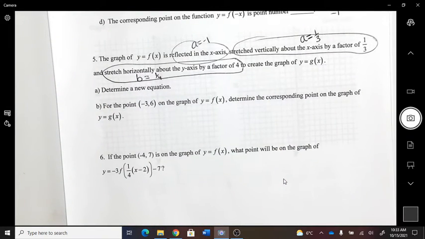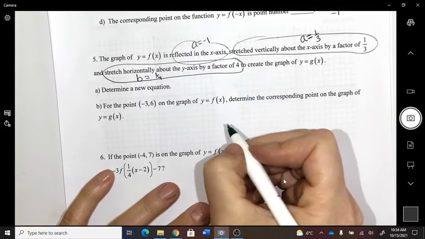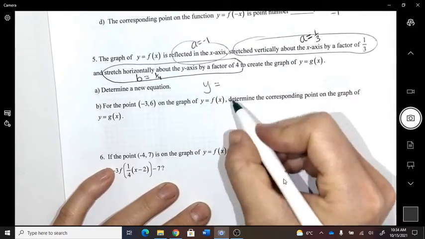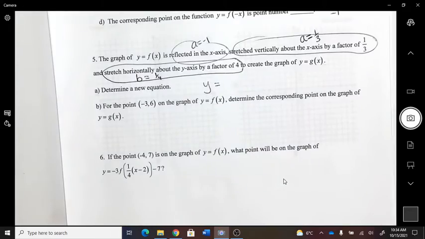Did you pick 1/4? Because X stuff is opposite of your brain. So if it's stretching, you actually have a fraction number. Okay, so what's your equation here? Y equals f of x with all of those things in there.